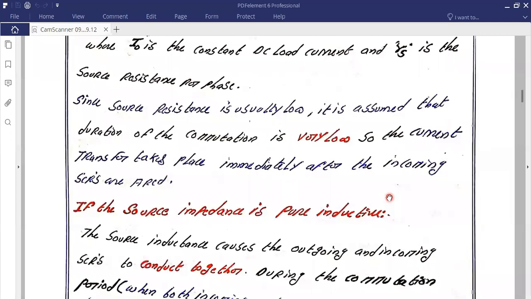Earlier, when we considered the operation, we assumed that the current shifts from the incoming devices to the outgoing devices instantaneously. That happens only when there is no inductance.